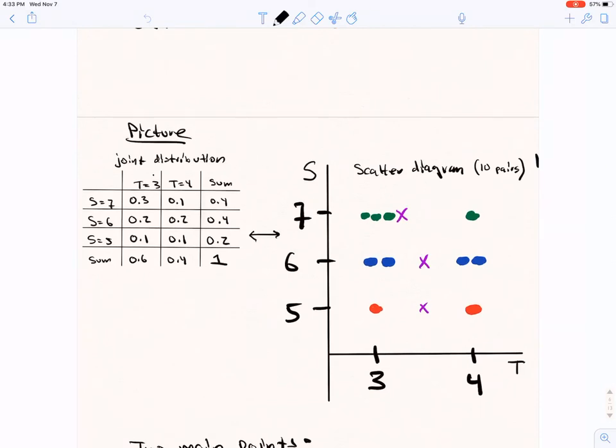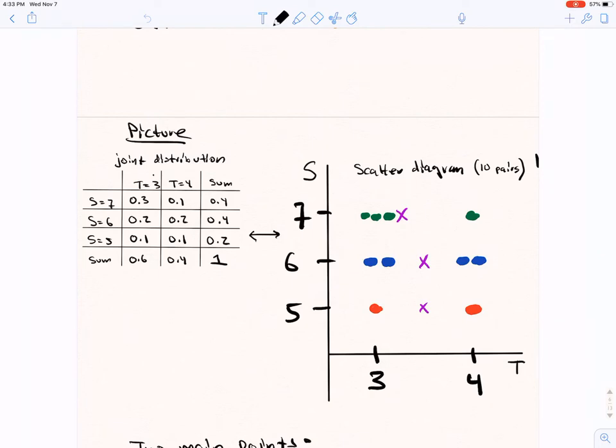I came up with this way of trying to visualize what these conditional expectations are. So imagine I'm just going to multiply all the cells in my table by 10. So my sum is 10. So I'm just imagining that I have 10 data points, and I'm going to make a scatter diagram. So I have 3 points where S is 7 and T is 3.